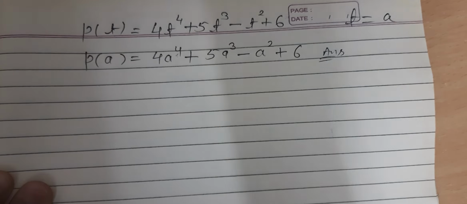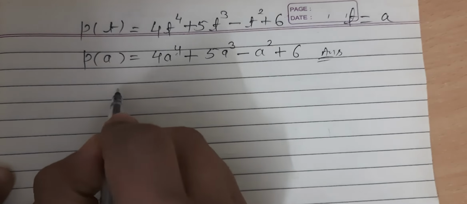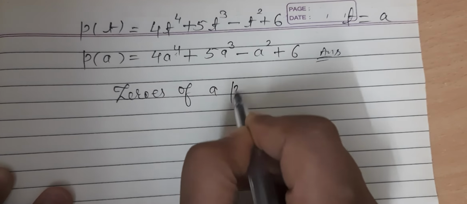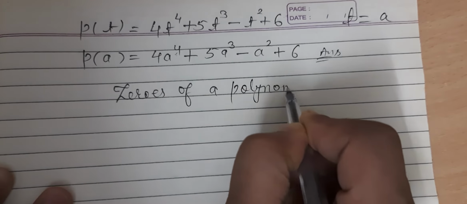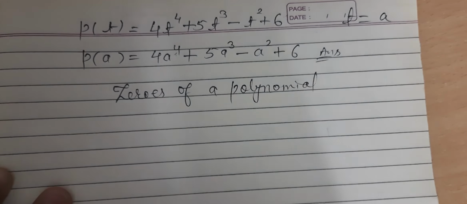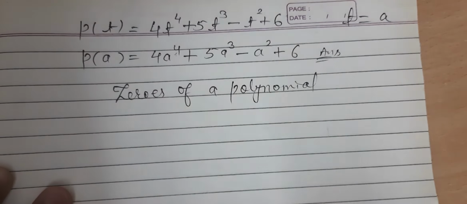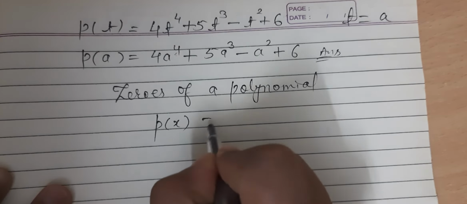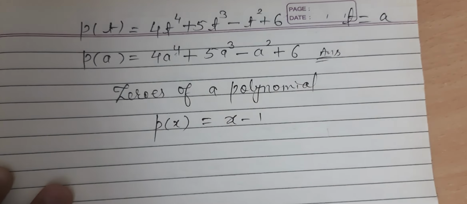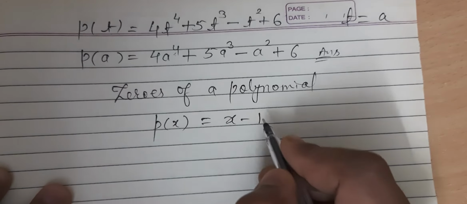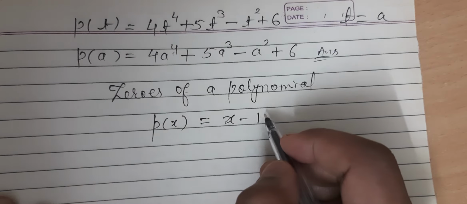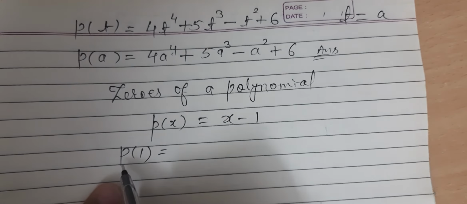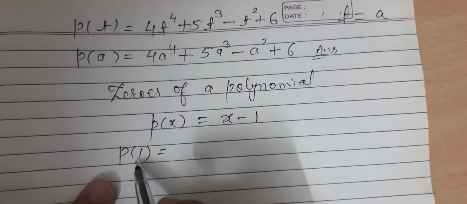Okay, now what is this zeros of a polynomial? Okay, what is this zeros of a polynomial? Suppose if I take a polynomial p of x equals x minus 1, right? And if I say what is the value of p(1)? The value of p(1) means at the place of x we have to put 1.